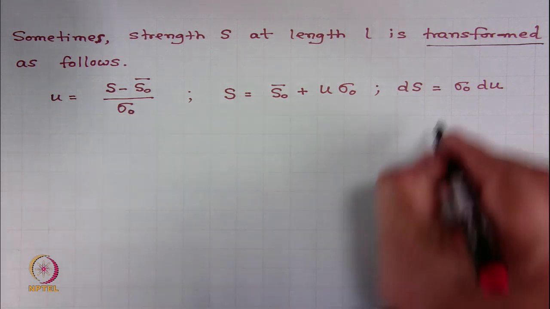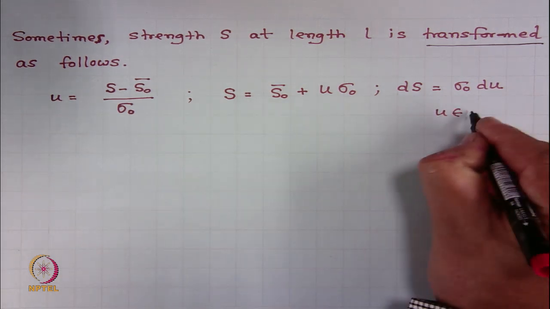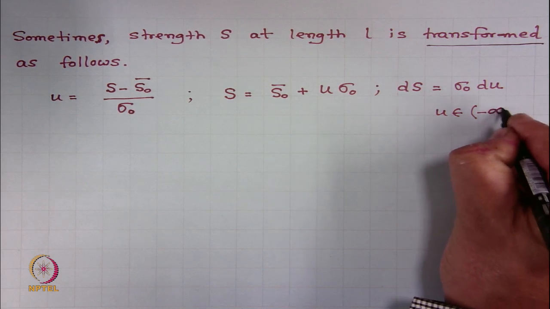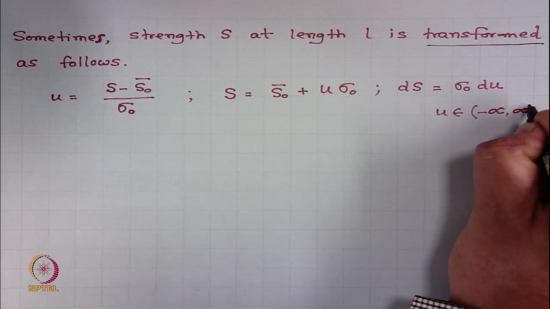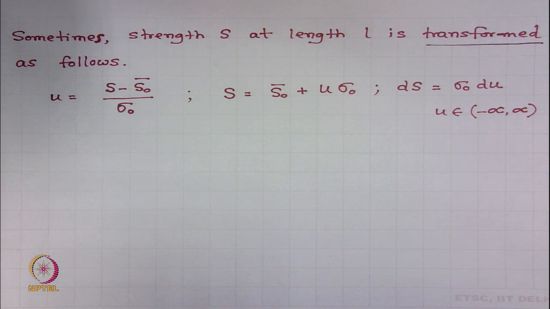The U will vary from minus infinity to plus infinity. So, this transformation makes our calculations relatively easy.